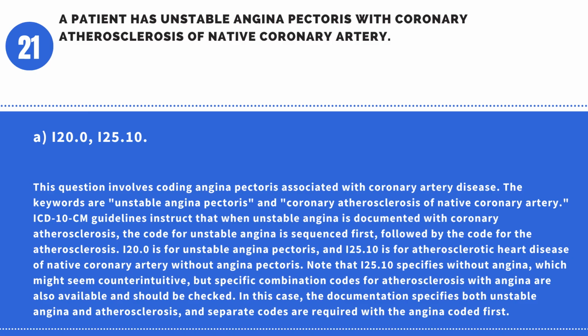I20.0 is for unstable angina pectoris, and I25.10 is for atherosclerotic heart disease of native coronary artery without angina pectoris. Note that I25.10 specifies without angina, which might seem counterintuitive, but specific combination codes for atherosclerosis with angina are also available and should be checked. In this case, the documentation specifies both unstable angina and atherosclerosis, and separate codes are required with the angina coded first.